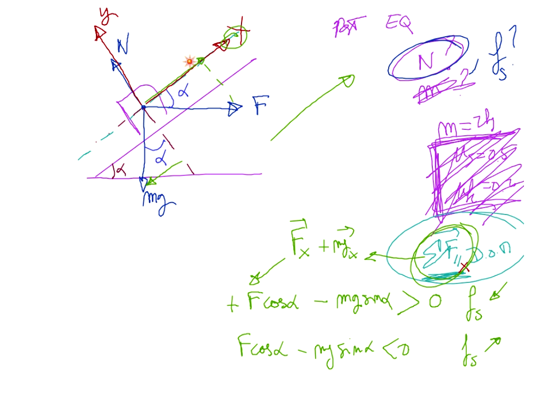Okay? And the advantage of this, let's calculate it. We'll see how useful this is going to be. F is, what, 30. Cosine alpha, alpha is 30. Cosine of 30 is square root of 3 over 2. Minus mg. M is 8. Roughly 80, if I take g to be 10.